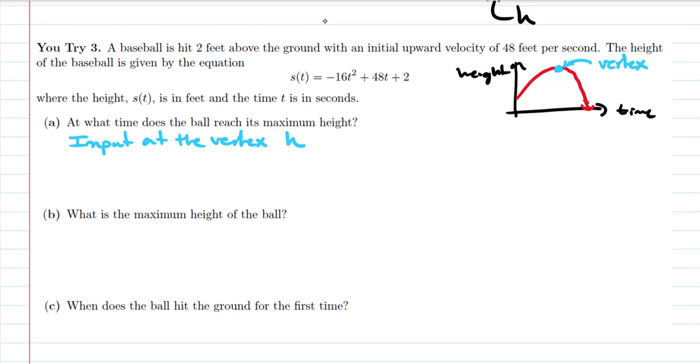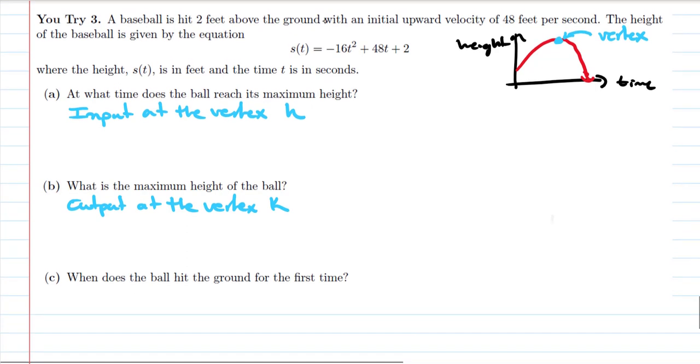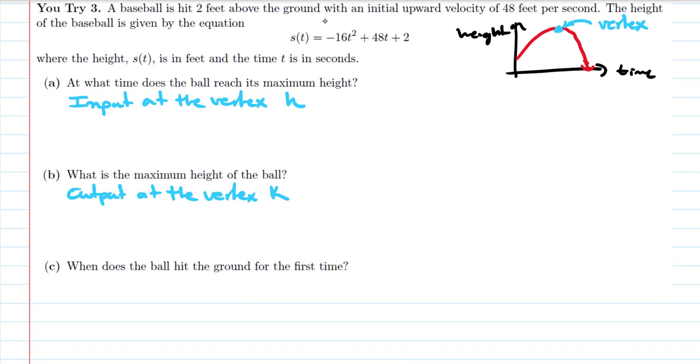And the maximum height is going to be the output at the vertex, so that's going to be our k. And when does the ball hit the ground for the first time? Well, that's here. That's going to be our 0, or x-intercept. So we need to solve s of t equal to 0.